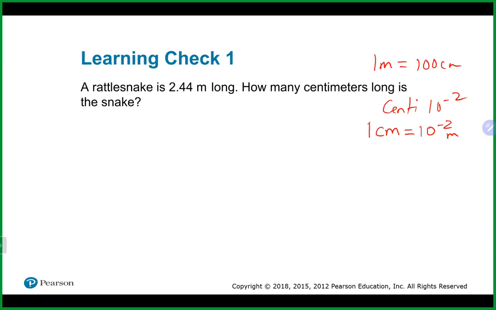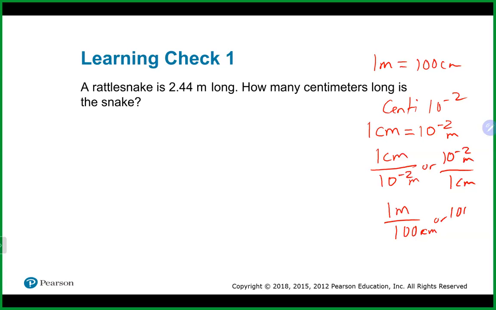So they're both perfectly fine to use, whichever one you want. For the bottom one here, 1 centimeter over 10 to the minus 2 meters, or 10 to the minus 2 meters over 1 centimeter would be the 2 conversion factors. If you use the top one, 1 meter over 100 centimeters, or 100 centimeters over 1 meter would be the conversion factors for the top one.